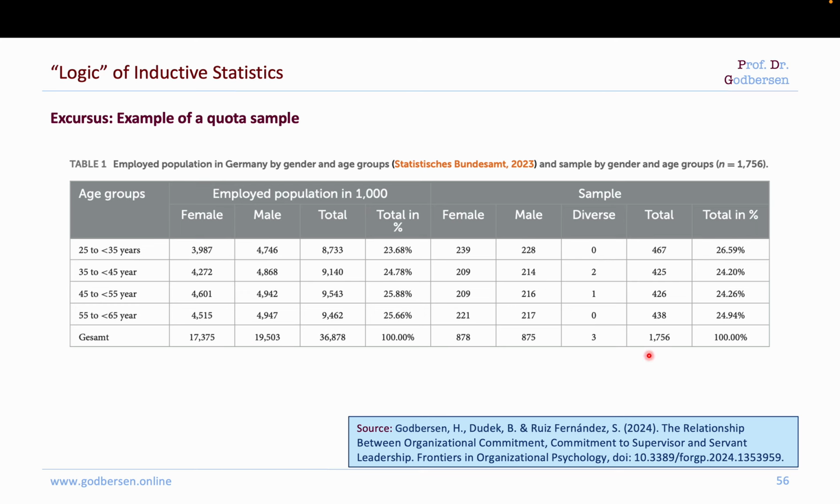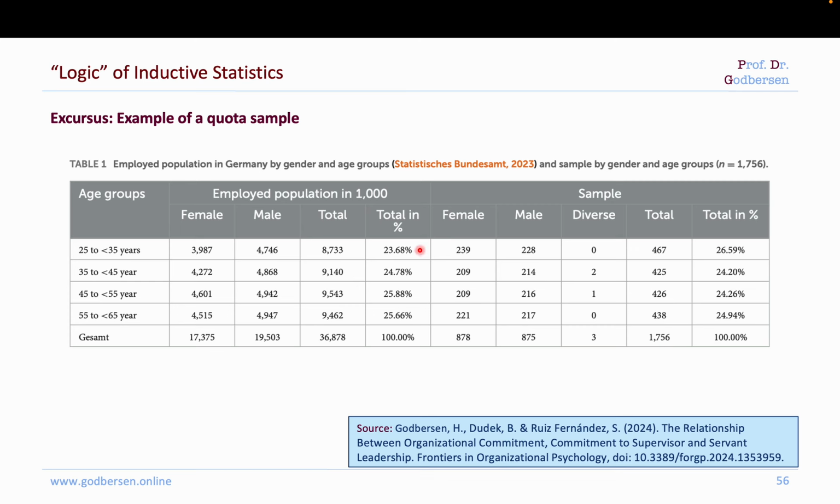In the end, we came up with 1,756 participants, and now you can compare: does our sample match the official statistics? And here, happy days. It's of course not entirely on point, but it's rather comparable.